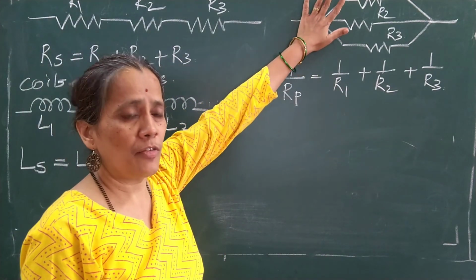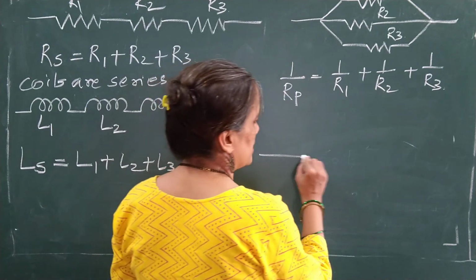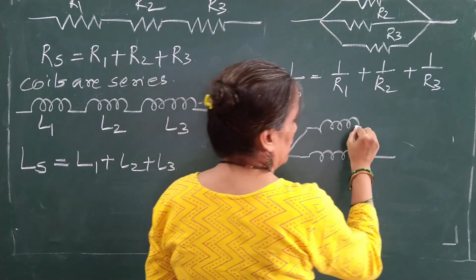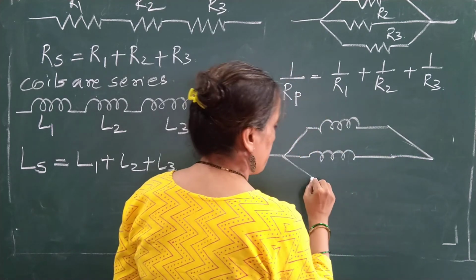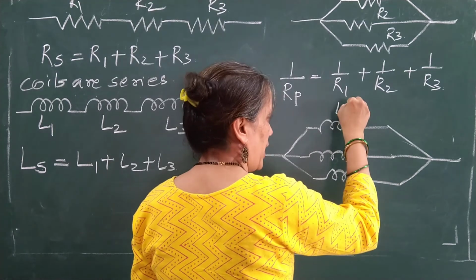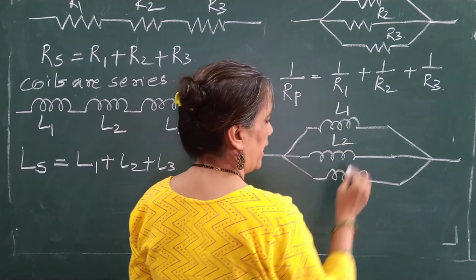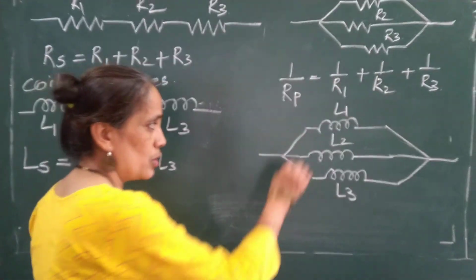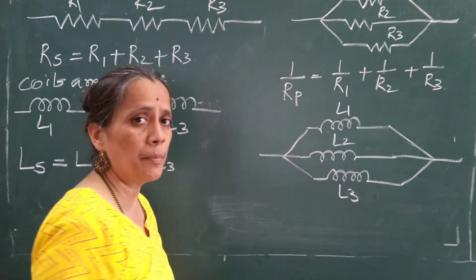Now instead of resistances I can connect 3 coils in this manner: the first coil having inductance L1, second L2, third L3. So 3 coils are connected in parallel.